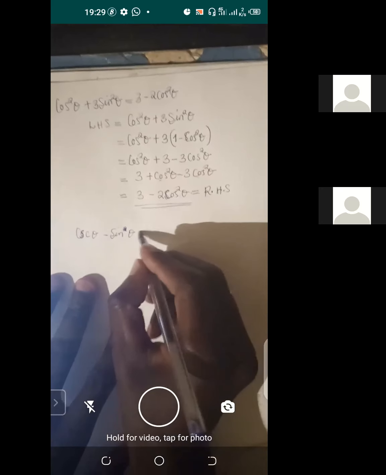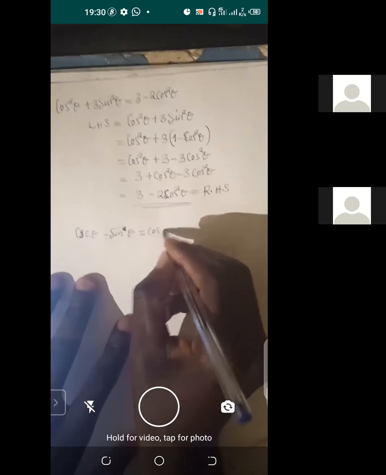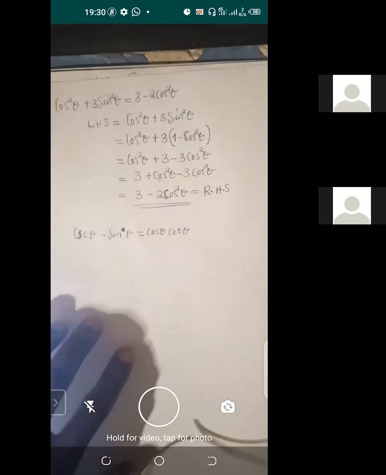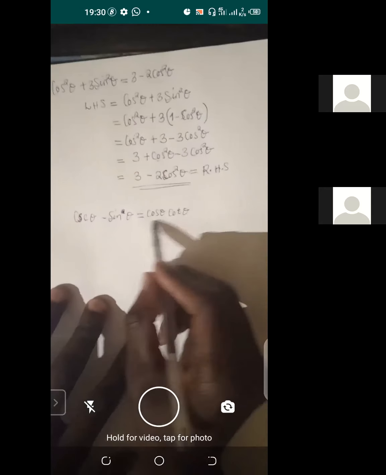This should give you cos theta cot theta. Okay, here let us consider the left-hand side.